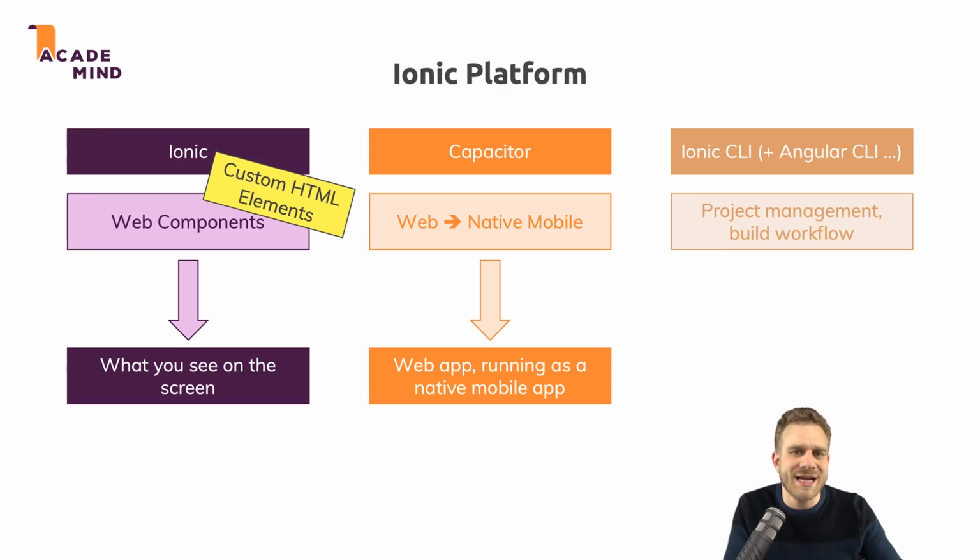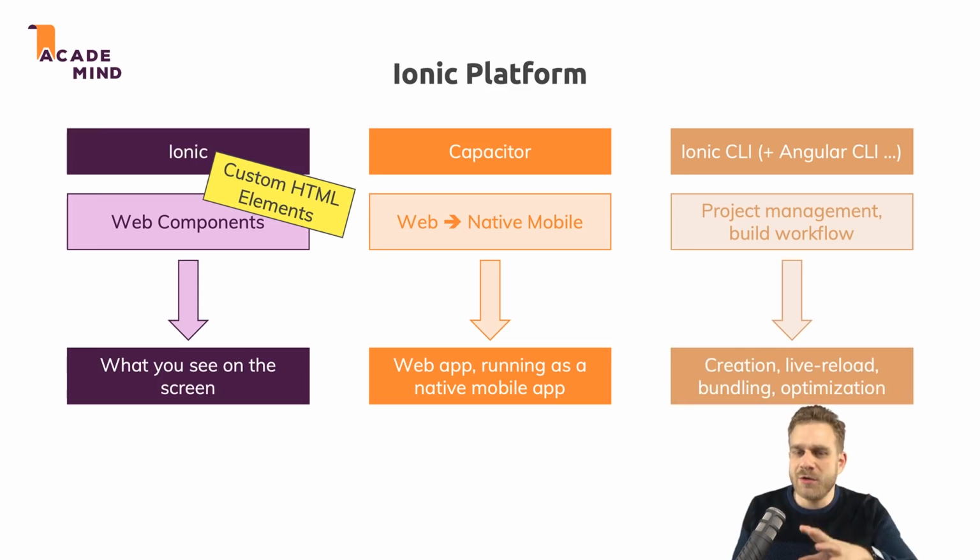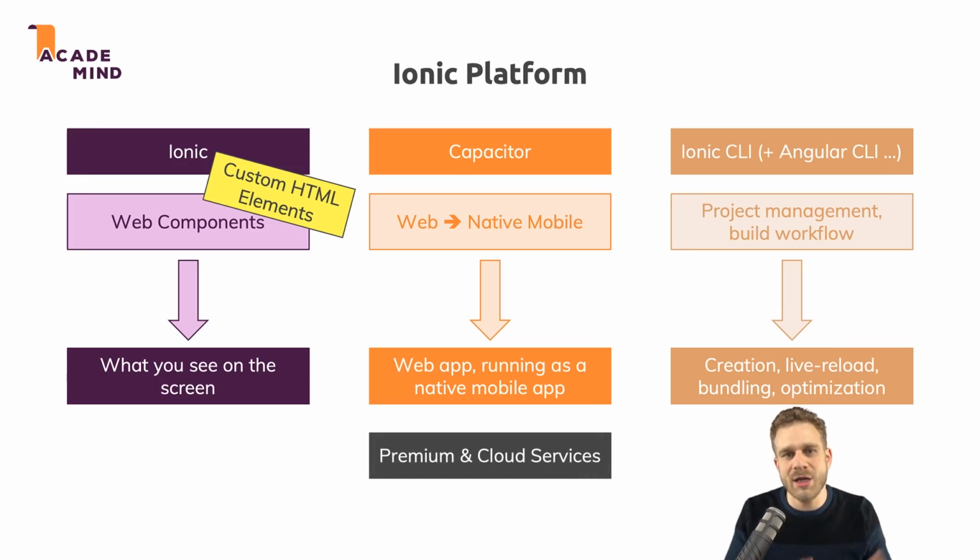So essentially, it's like an extra layer in your build workflow that makes adding Capacitor or building your mobile app especially simple. So this gives us productivity. It speeds up the development flow and so on. Last but not least, the Ionic platform also is about certain cloud and premium services.